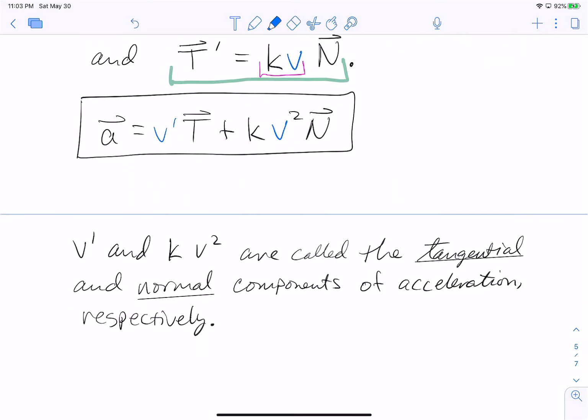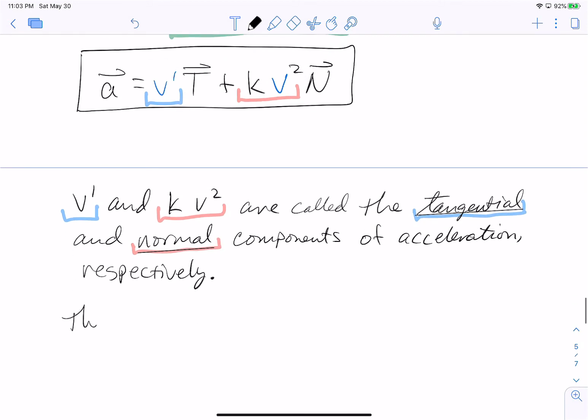I'm going to use some colors that I haven't used just yet. So v prime is the tangential component of acceleration, and kappa v squared is the normal component of acceleration. That's what's meant by respectively, of course.